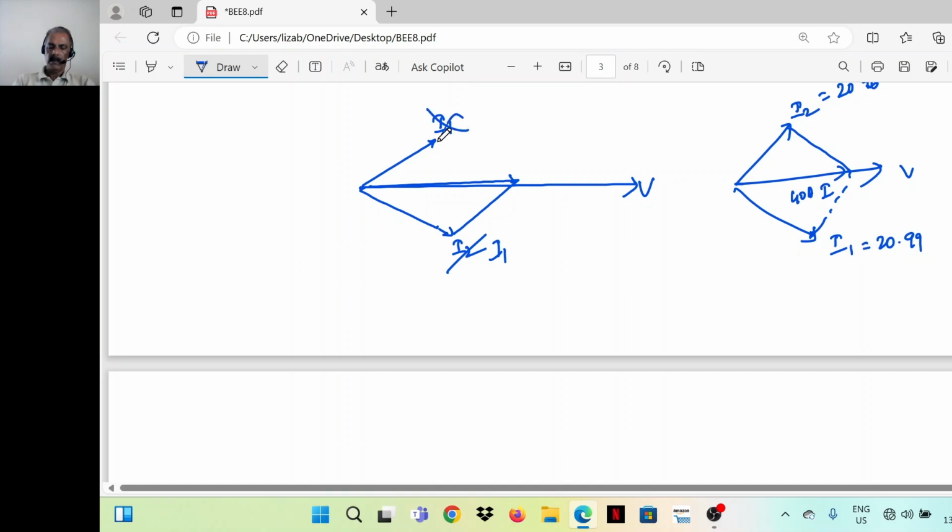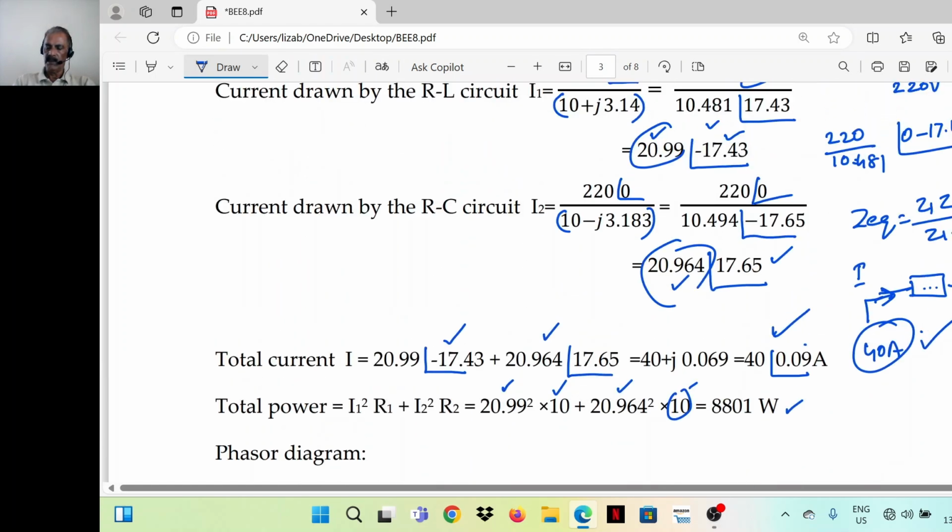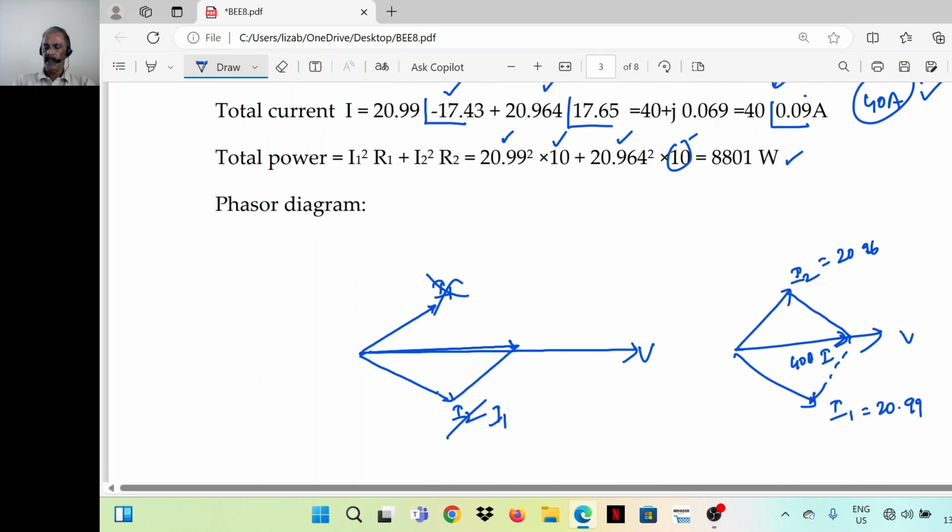This is I1, this is I2. Add I1 and I2, complete the parallelogram, draw the diagonal, that will give you the resultant current. Resultant current is 40 ampere. The angle we are neglecting, so it is in phase with the voltage, because the inductive and capacitive reactances are almost equal.